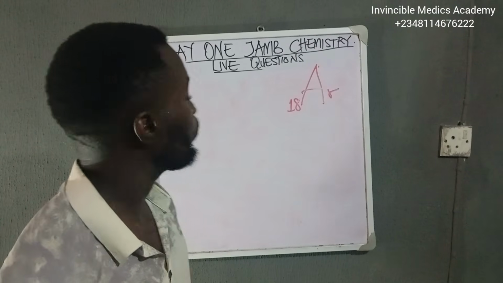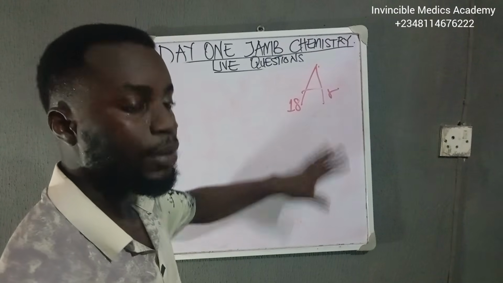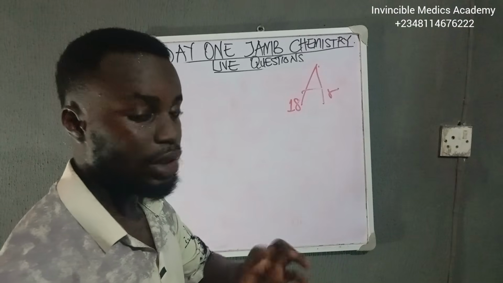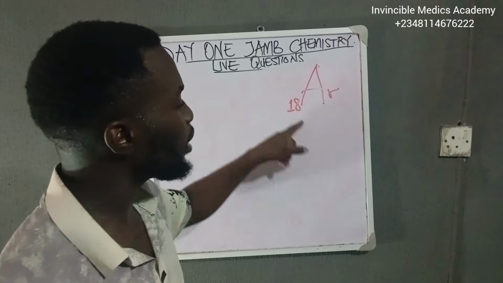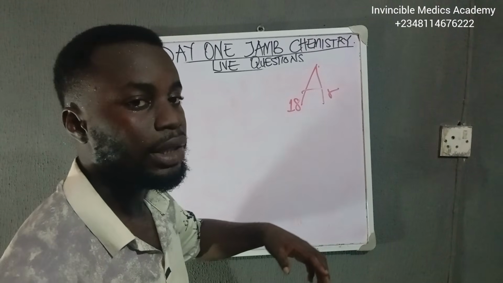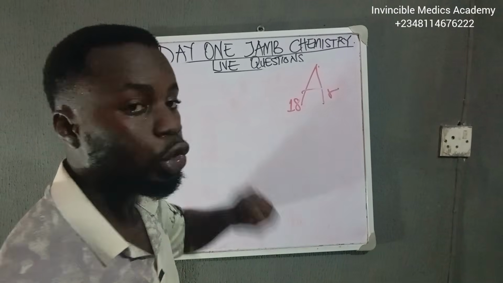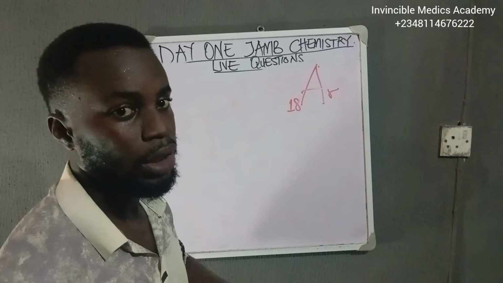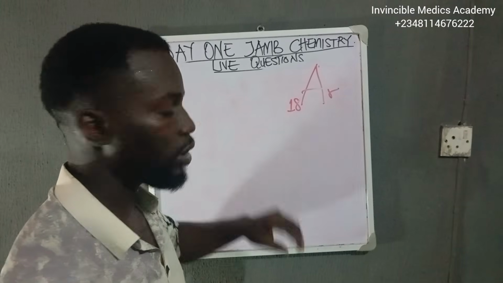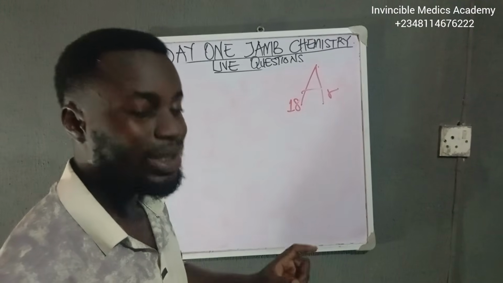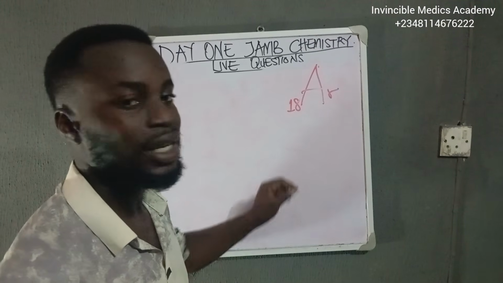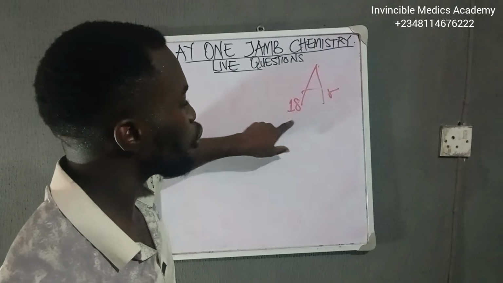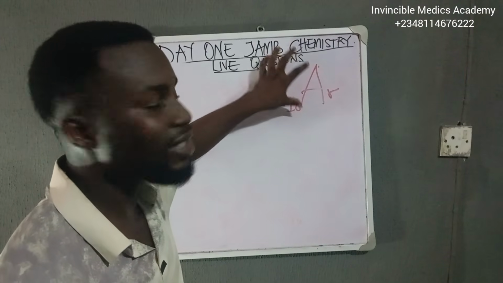That's a waste of time. Just find the element or the ions instead, because the question says which ion is. So find the ion that the atomic number will give you 18, right? That's the proton number will give you 18. Or you say the electron number. The electron number will give you 18.